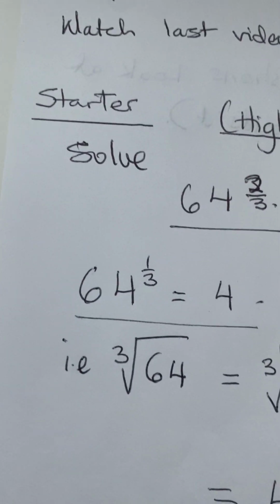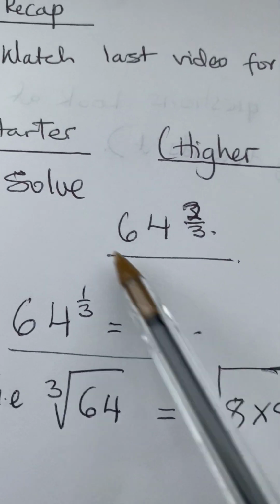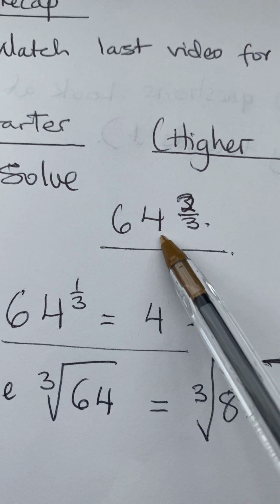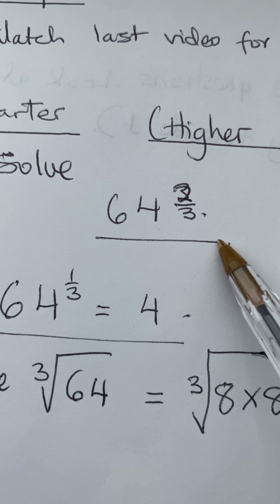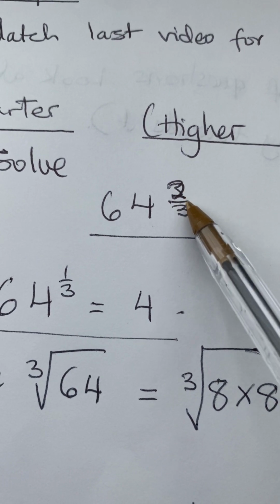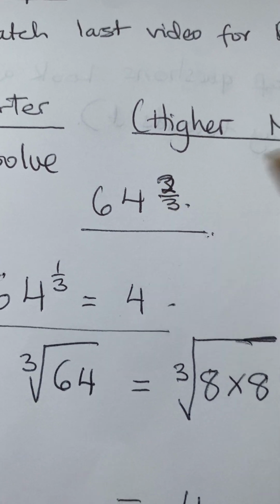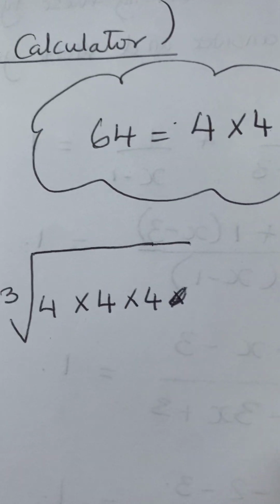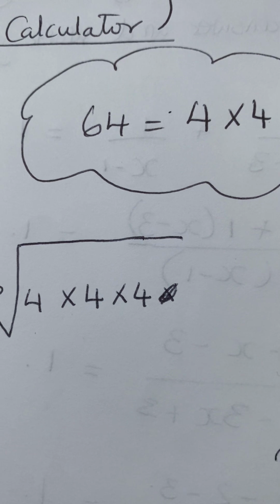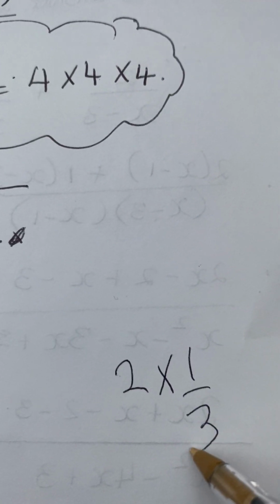Okay, now they said solve 64 to the power 2/3. Now this 2/3 can be written as 2 times 1/3.